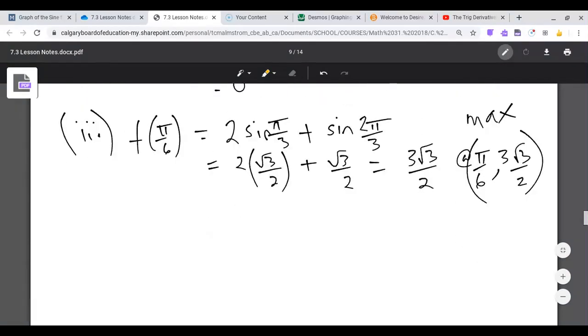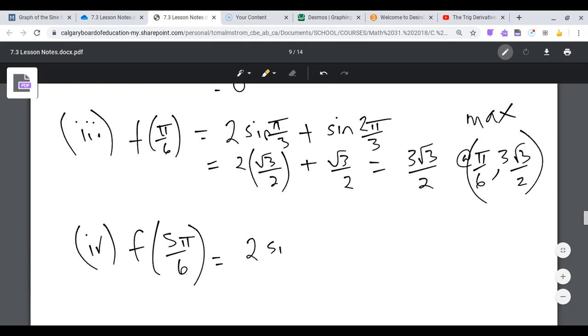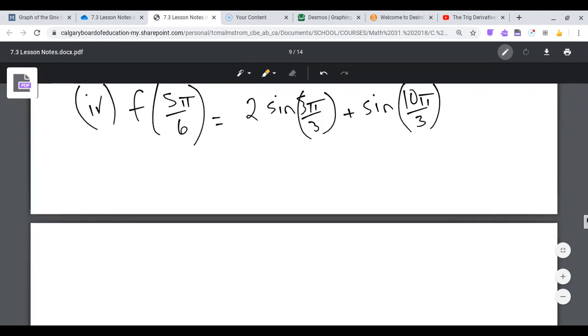And then the last one, hopefully before the video times out, would have been my min happening at 5 pi on 6. So plug that in. 2 sine 5 pi on 6 times 2 would give me 5 pi on 3, plus sine of 4 times that, which is 10 pi on 3. And 10 pi on 3 is also equal to 4 pi on 3.